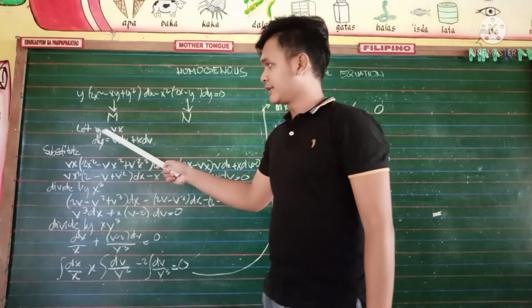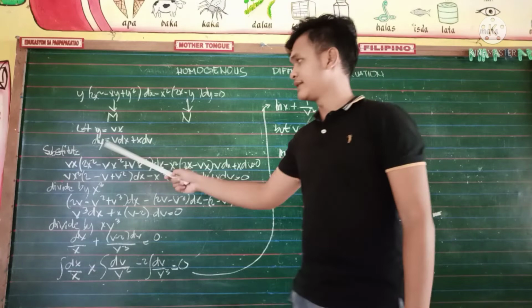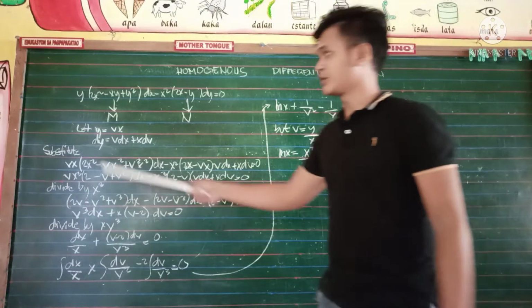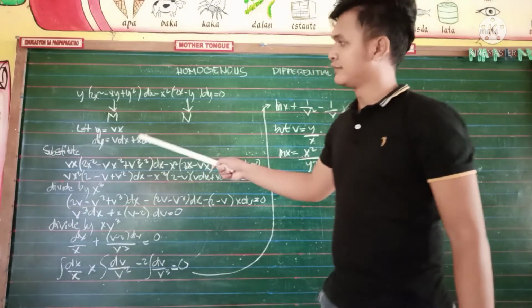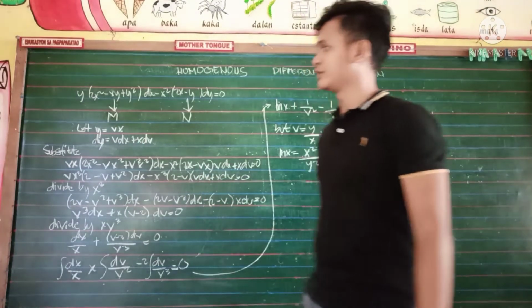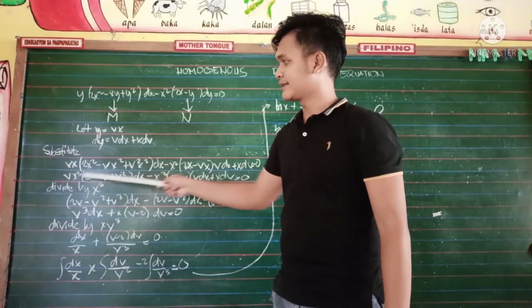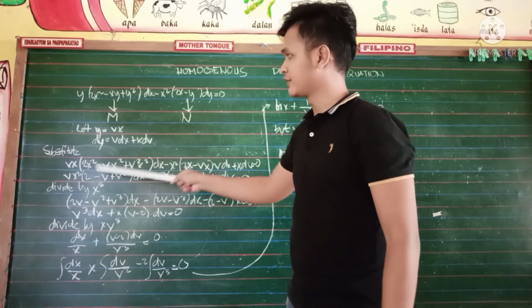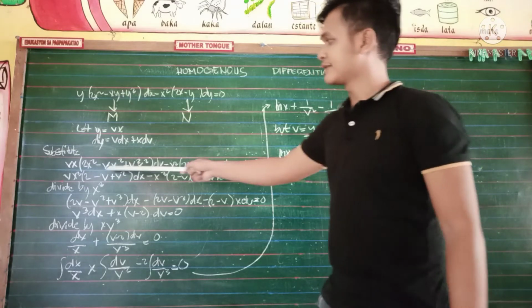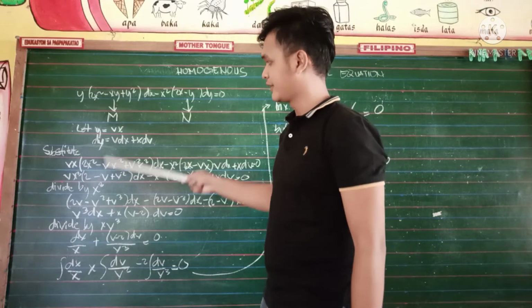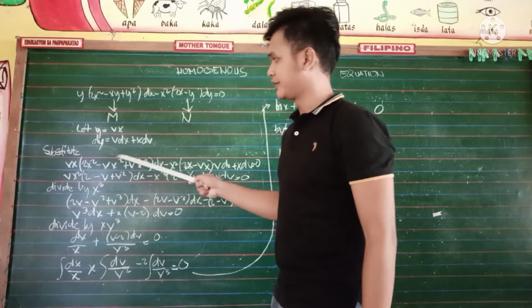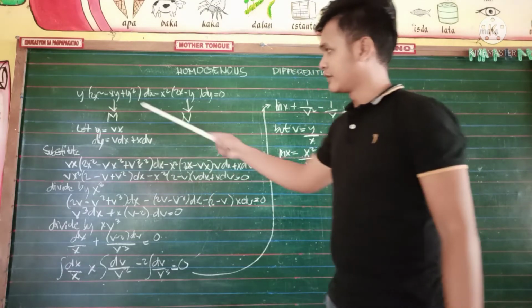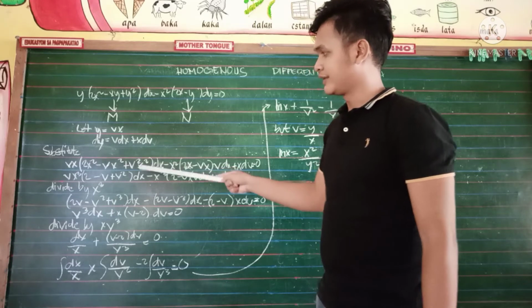Let y equal to vx and dy is equal to v dx plus x dv. So let's substitute this formula into the equation. Copy the 2x squared minus x times vx, because there is an x, plus y squared, v squared x squared.